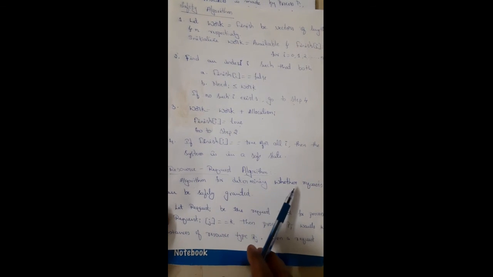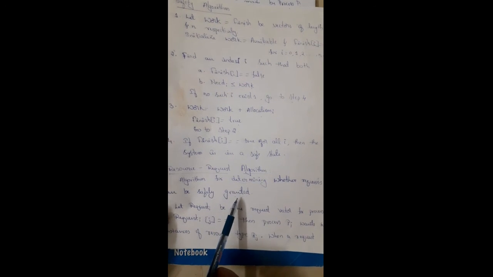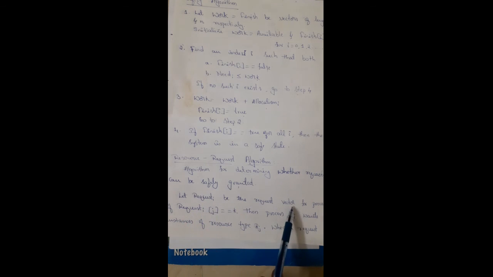The algorithm name is resource request algorithm. See here, algorithm for determining whether a request can be safely granted. For this, let Request i be the request vector for process Pi. If Request i of j is equal to k, then process Pi wants k instances of resource type Rj.